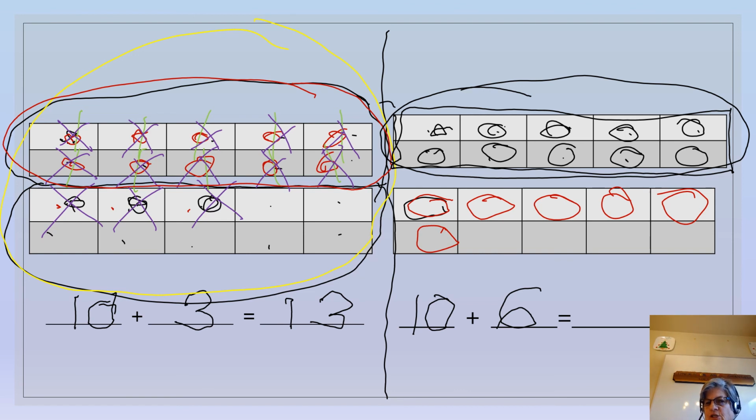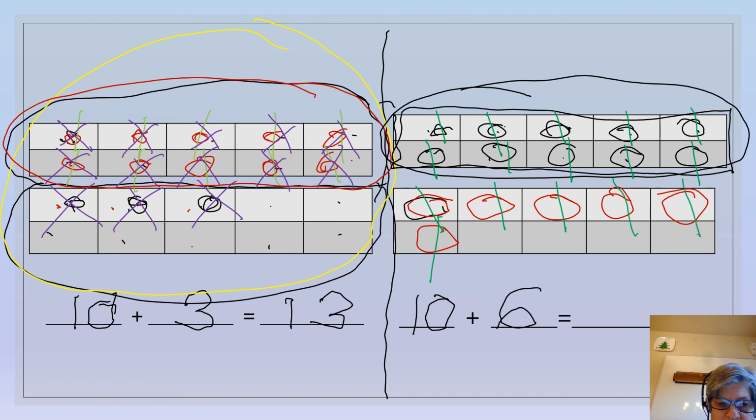Now remember, there are two ways I can do this. I can count them all, or I can do it another way. First, let me do it the old-fashioned way. I'm going to count them all. So let's begin. I go 1, 2, 3, 4, 5, 6, 7, 8, 9, 10, 11, 12, 13, 14, 15, and 16.